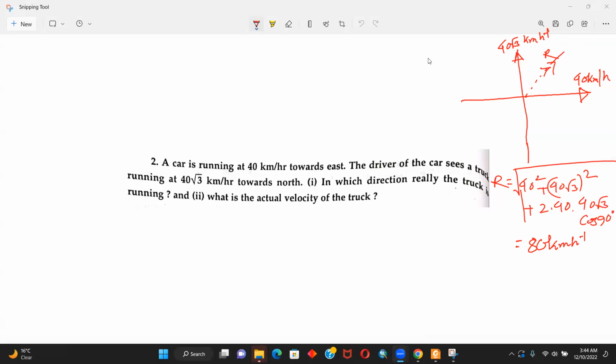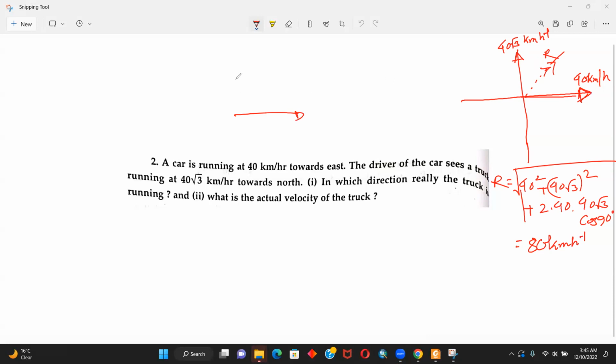In the simplest sense, the car is moving in this direction, and it feels for the car that the truck is moving in the northwards direction. However, if he's at a very fast speed, it is not possible.